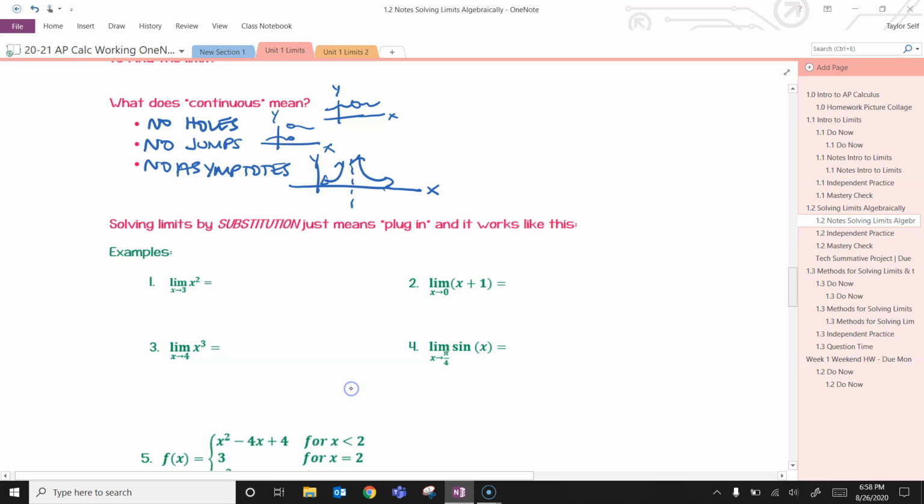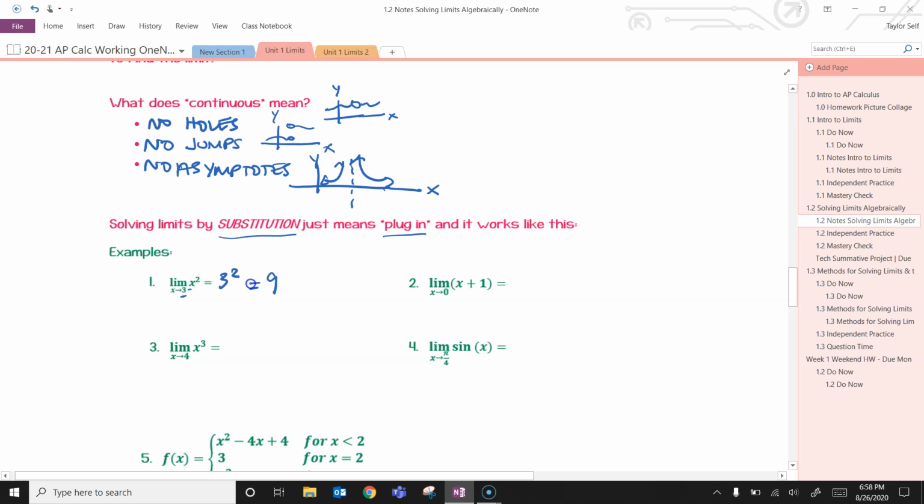Now, how are we going to solve limits by substitution? Solving limits by substitution just means plug in. Get this example down: the limit as x approaches 3 of x squared. Substitution means plug in, so we plug 3 into x. The limit is 3 squared, which equals 9.